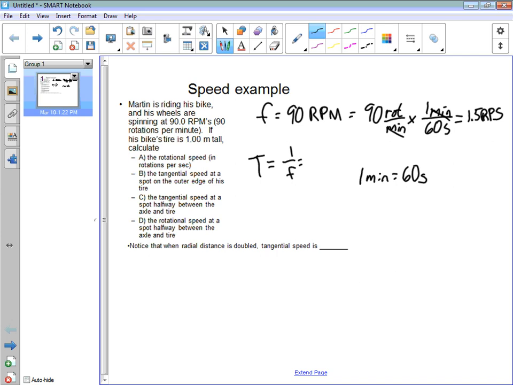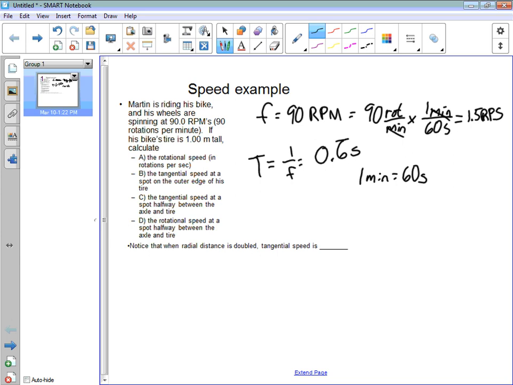Just hit the x to the minus 1 button, enter. There we go. What is it? 0.6 repeating. Seconds. And that's seconds per rotation, but you can just say seconds.